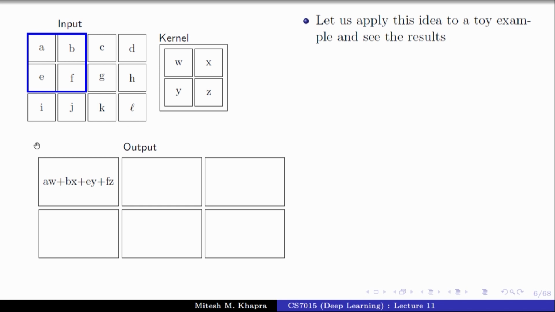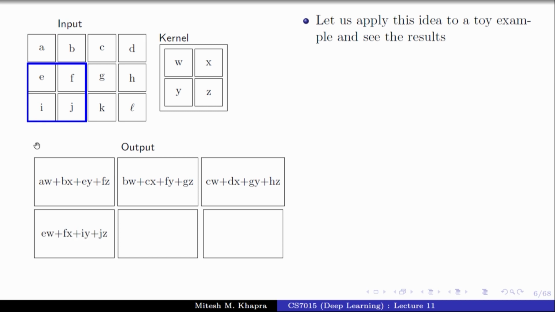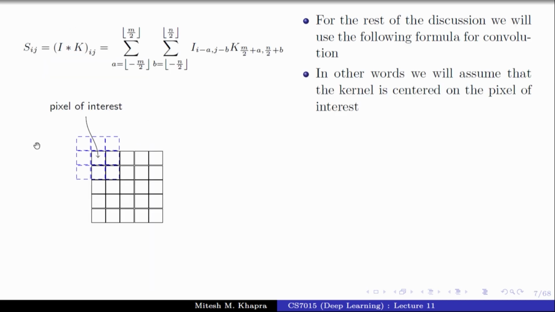To look at pixels around it, right? Not just right and bottom. So what we'll do is we'll use the following formula. You see that I'm going from minus m by 2 to plus m by 2, right? So that means I'm looking at the neighborhood. So don't focus on the formula, just focus on the image that is there. So for a given pixel of interest, I'll place the filter on that pixel and I'll look at all the neighbors around it.